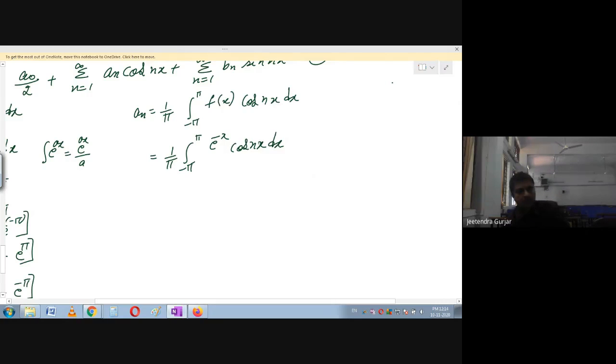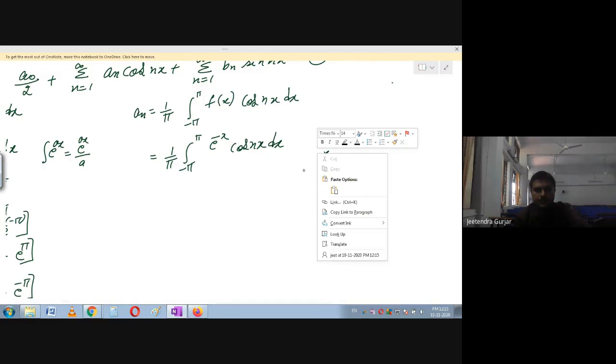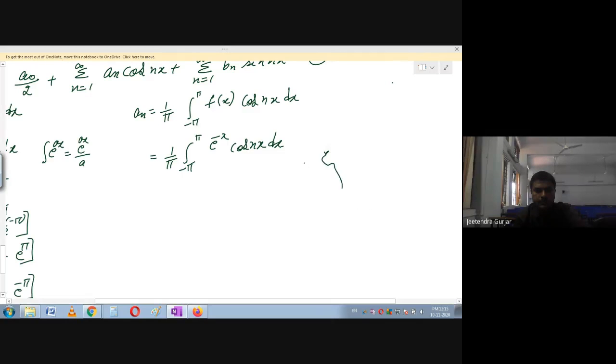So here you are going to use a very important formula. Please remember, substitute the value correctly. You have to remember this very important formula I'm going to write here: integration of e raised to ax cos nx.